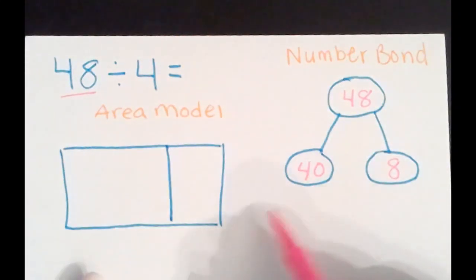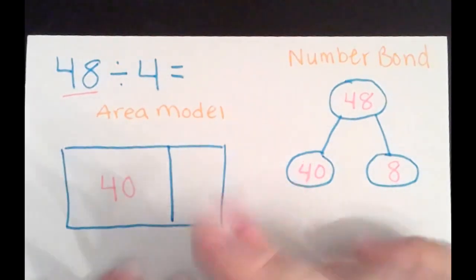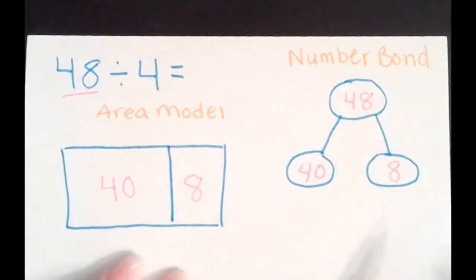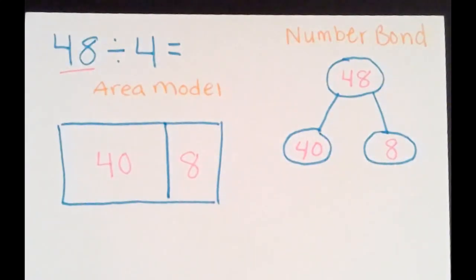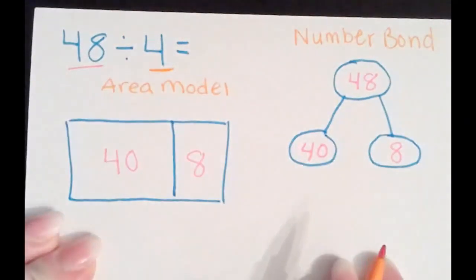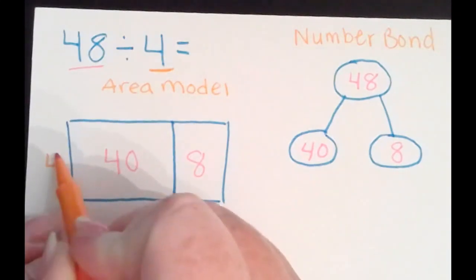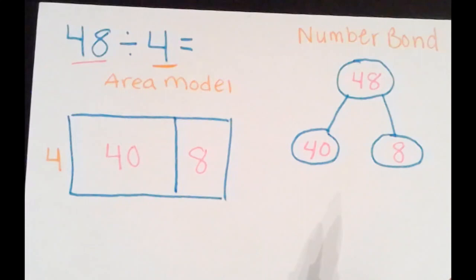These two numbers that we just created in our number bond are what go on the inside. So we're going to have 40 and 8. Then your divisor, this 4 right here, is going to be our width. So our side length over here is going to be our width.